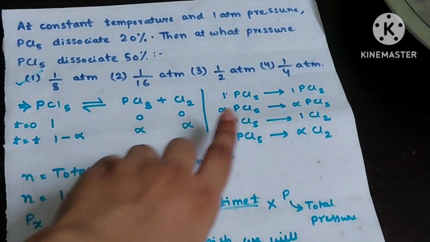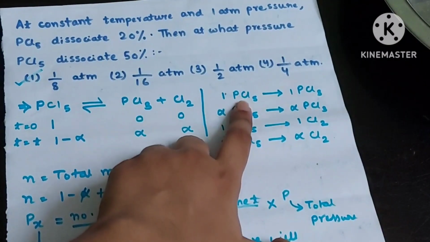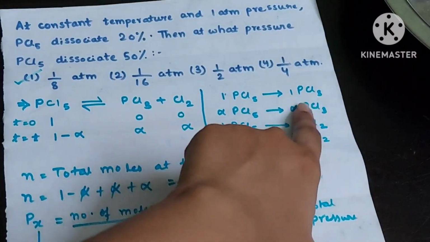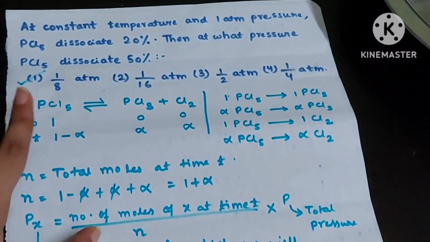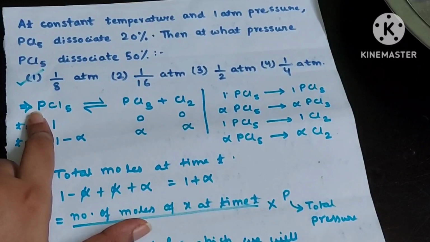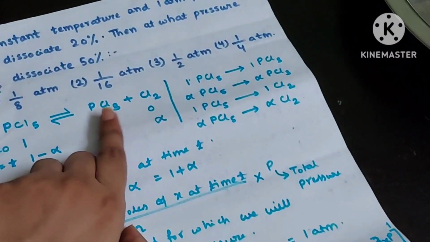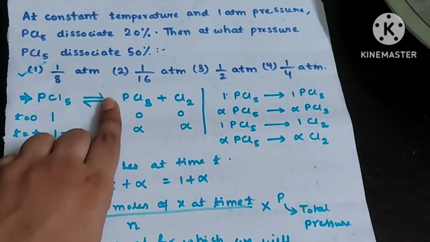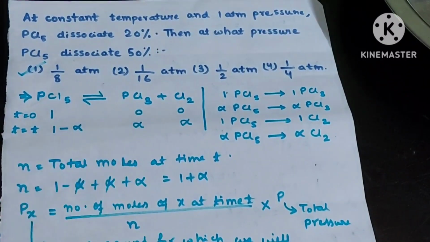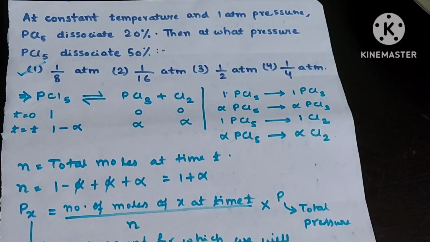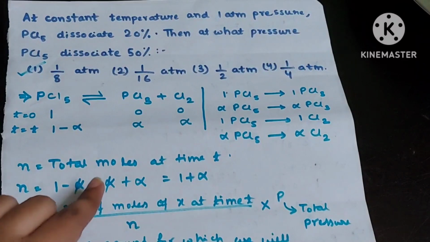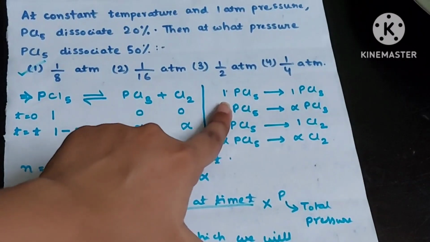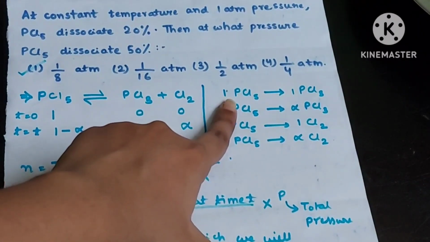So 1 mole of PCl5 gives 1 mole of PCl3. From here we can see that the stoichiometric coefficient of PCl5 is 1, and for PCl3 it is 1. It is a balanced reaction, and here we have written according to the stoichiometric coefficient.